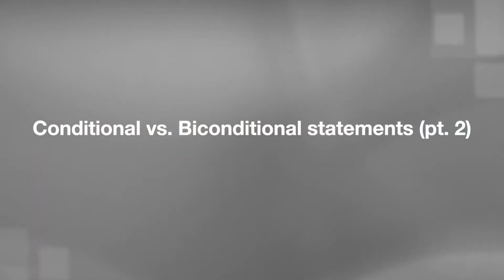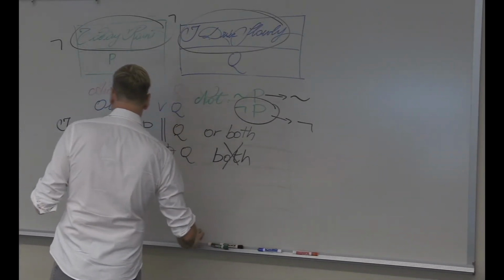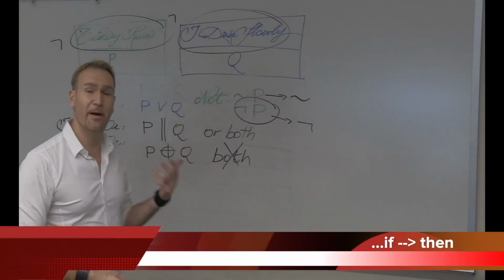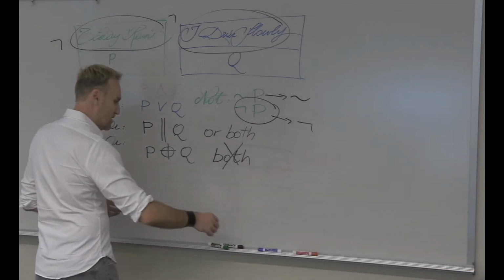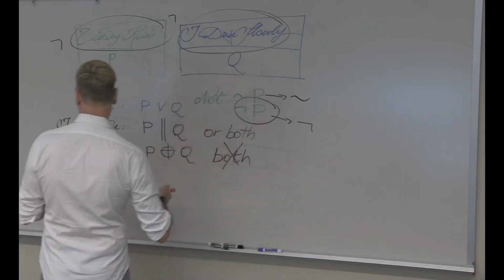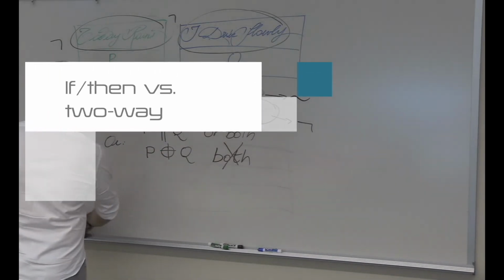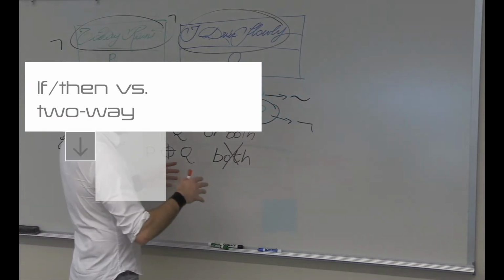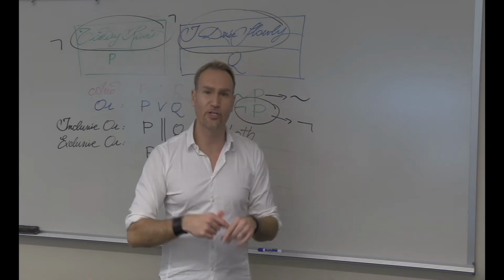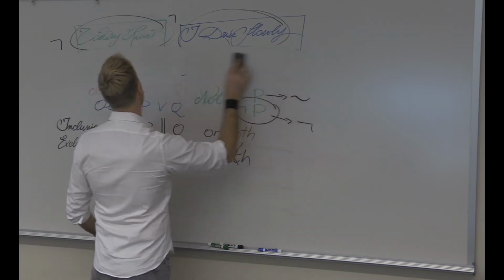All right, now we have, of course, those were all simple statements. Now we have conditional and biconditional statements. So within conditional, we can say that it's a statement that follows the if-then type of structure, and biconditional, as the name implies, will be a statement that establishes a two-way truth relationship between the two statements. So let's make some room here, okay?